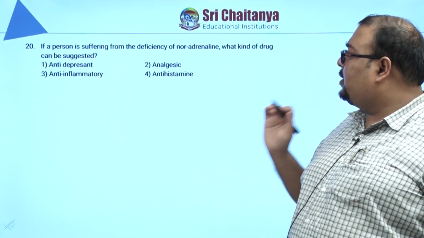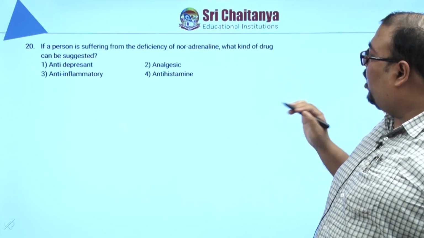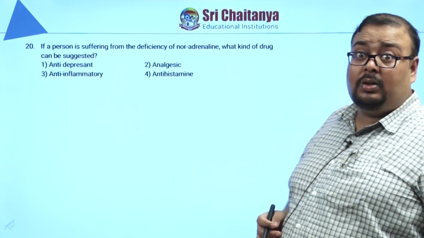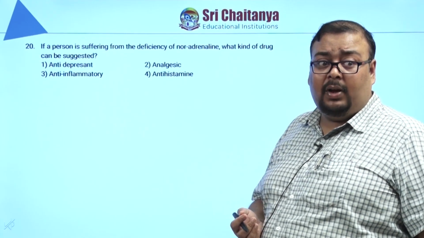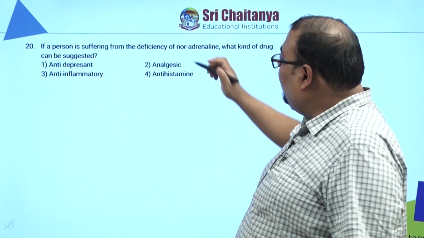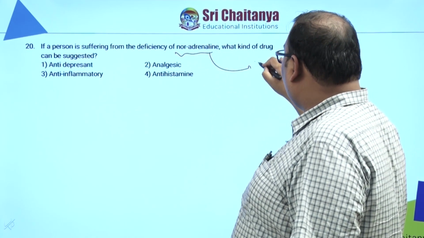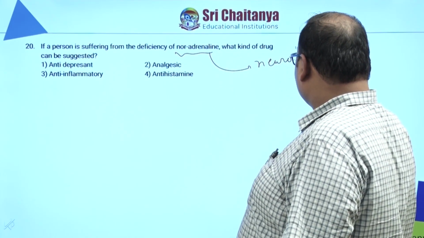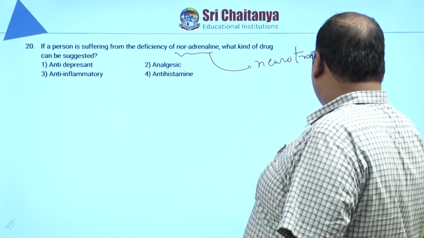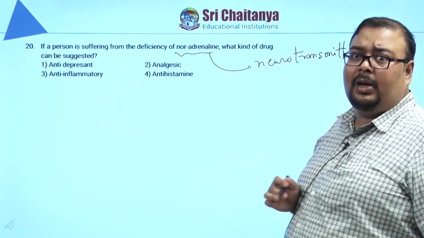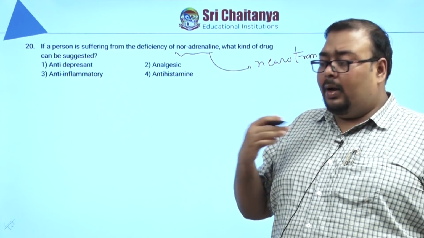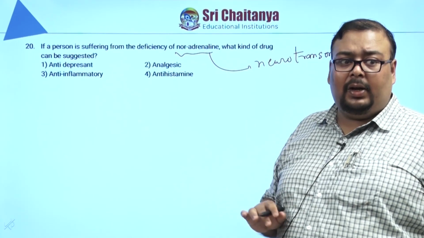If a person is suffering from deficiency of noradrenaline, what kind of drug should be suggested? Now, this is a question from chemistry in everyday life under the drugs and medicine section. Noradrenaline is a neurotransmitter, and this chemical is basically responsible for the brain's signal activity.